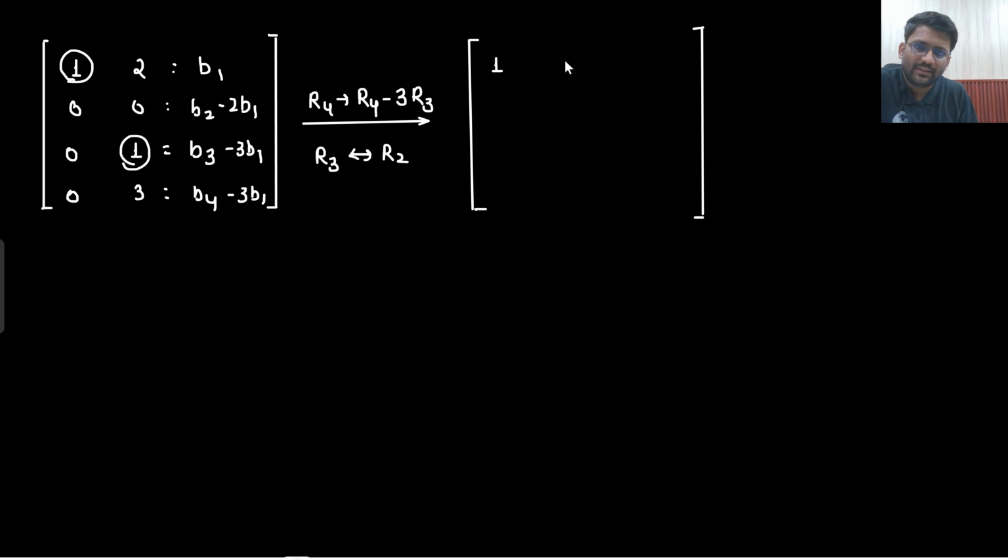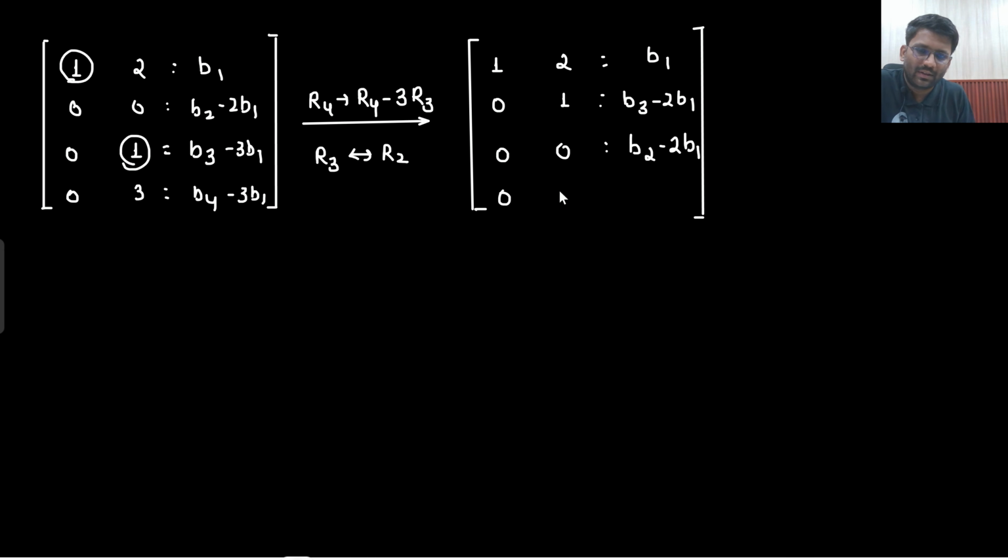First row remains as it is, 1 2 B1. Now R3 and R2 are interchanged, so 0 1 B3 minus 2B1 we are getting here, and this is 0 0 B2 minus 2B1. The last one, thrice of this I am subtracting.